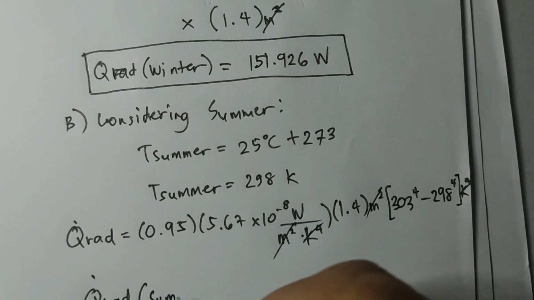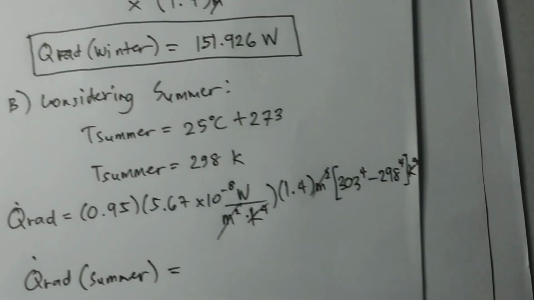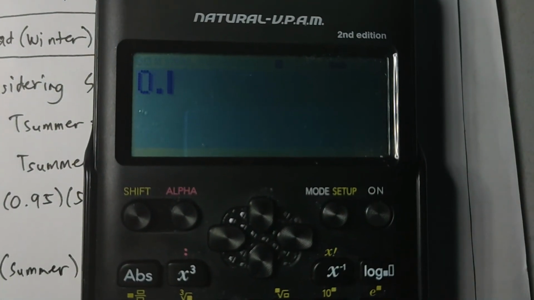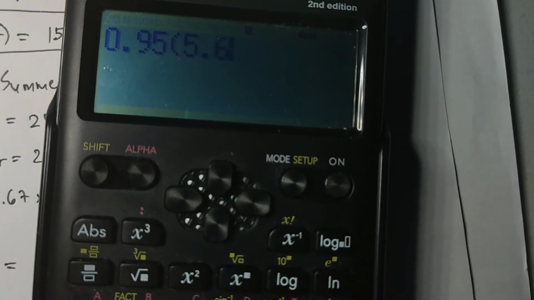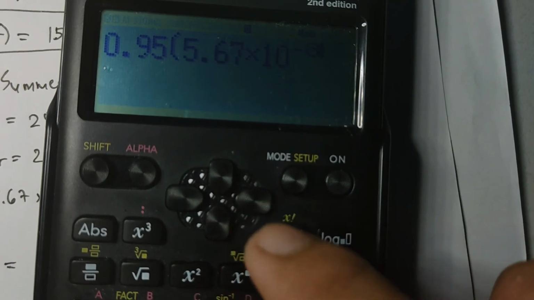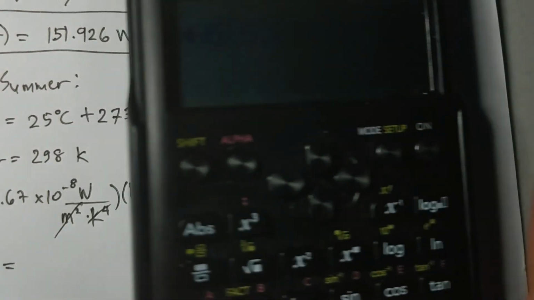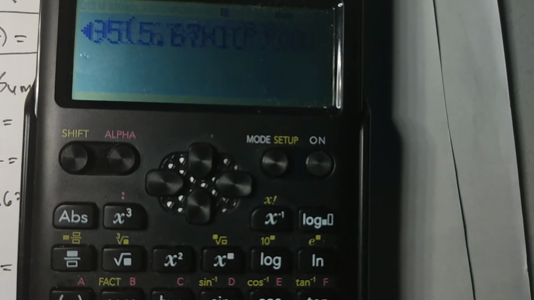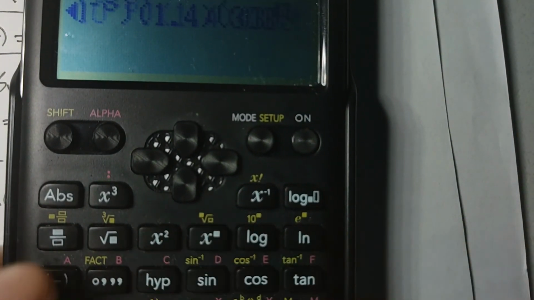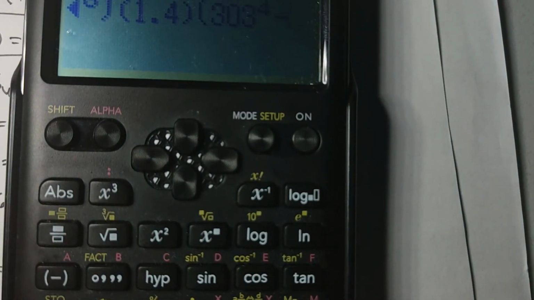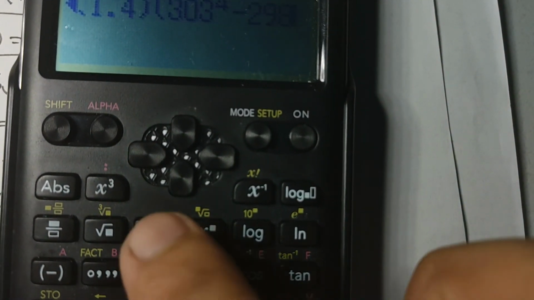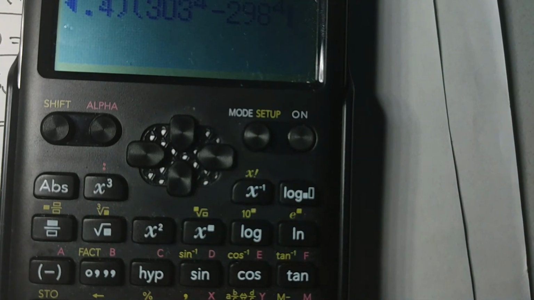So, Q-rad during summer, compute natin, 0.95 times 5.67 times 10 raised to negative 8. Multiply siya sa 1.4. 303 na niraise sa 4 minus 298 na niraise sa 4.